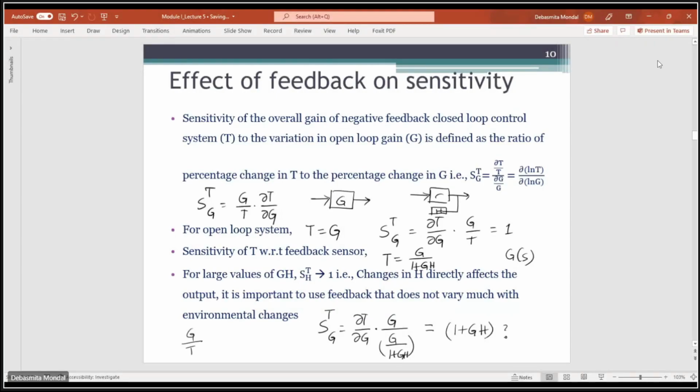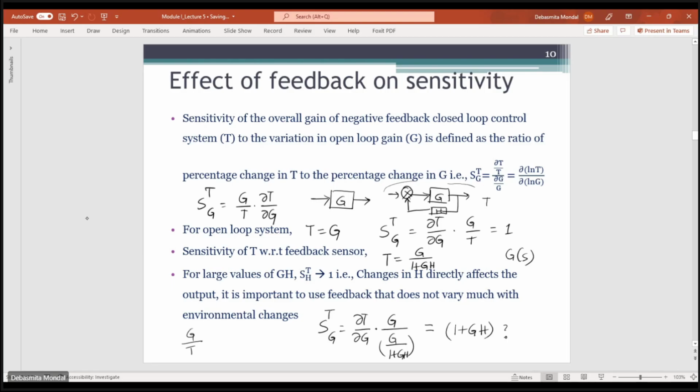You have an H over here, so the overall transfer function changes. In a closed loop system, T will not be equal to G.